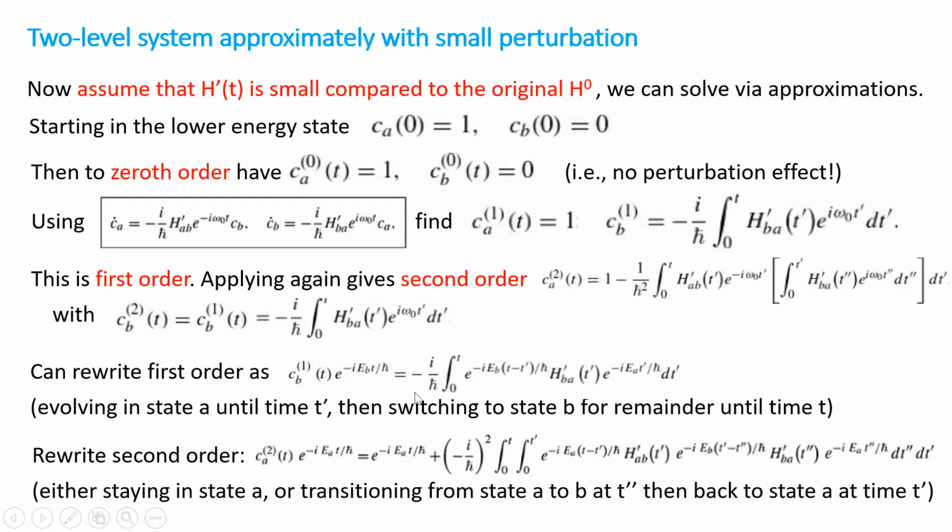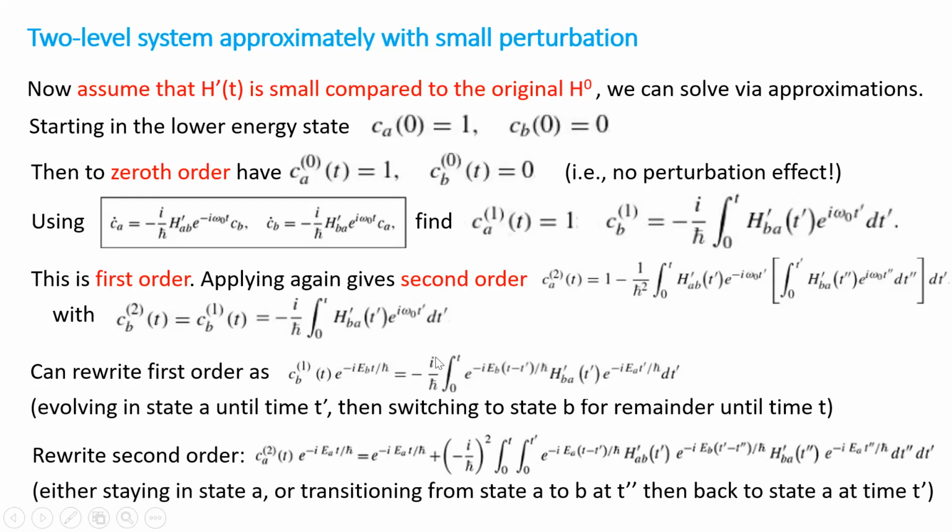Whereas when we rewrote this one, the chance to go to B is just to start in A and switch to B. Okay, which makes sense. To be in B, we start in A and switch from A to B. To be in A, we're either going to stay in A or go from A to B back to A. Again, to second order.